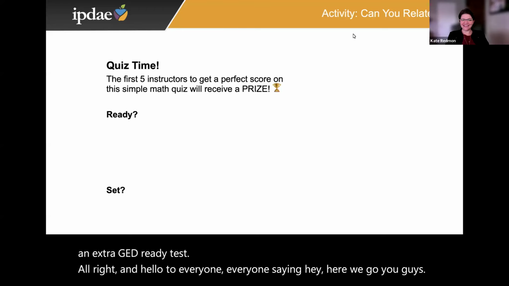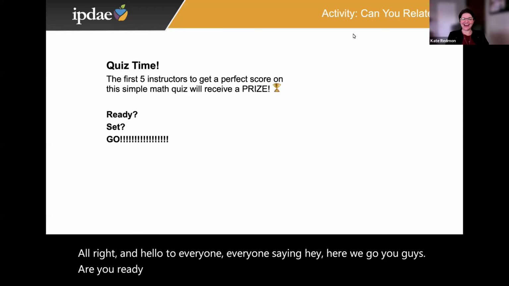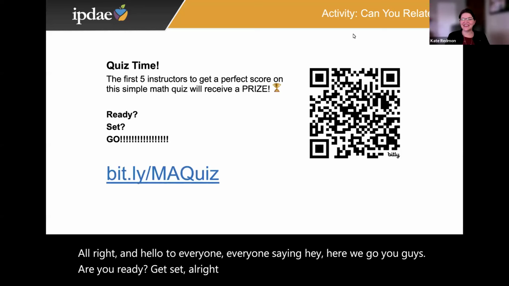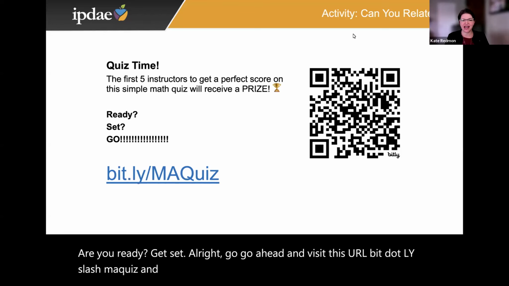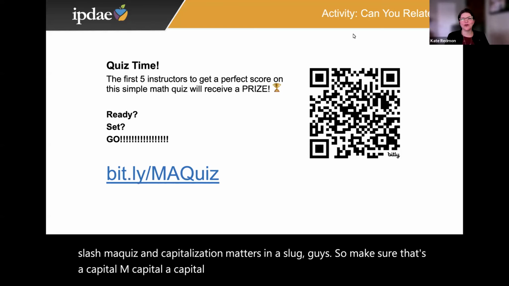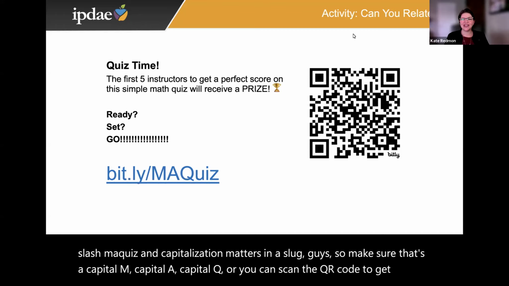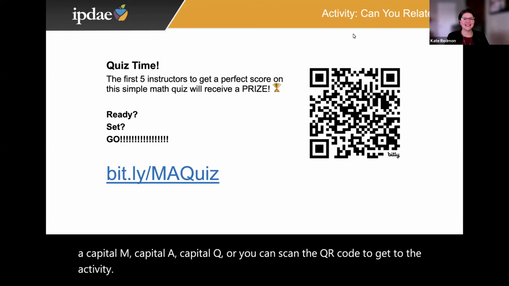Are you ready? Get set. All right, go. Go ahead and visit this URL, bit.ly/MAQuiz. And capitalization matters in a slug, guys. So make sure that's a capital M, capital A, capital Q, or you can scan the QR code to get to the activity and answer the quiz questions.